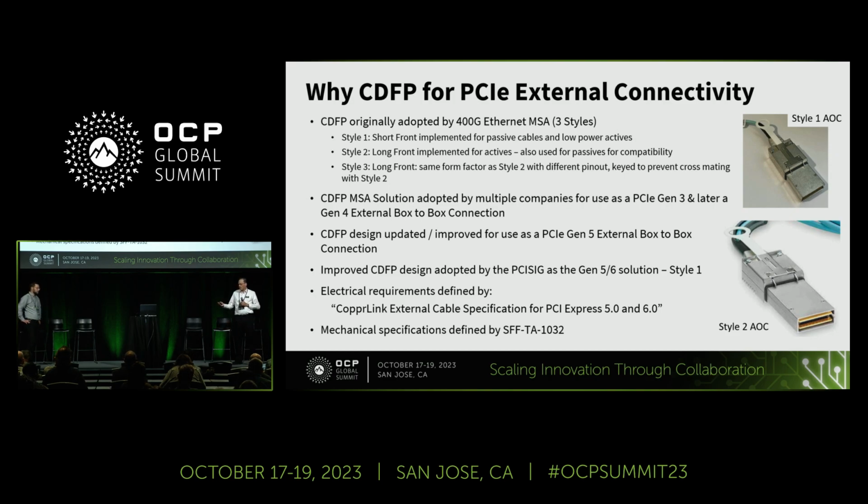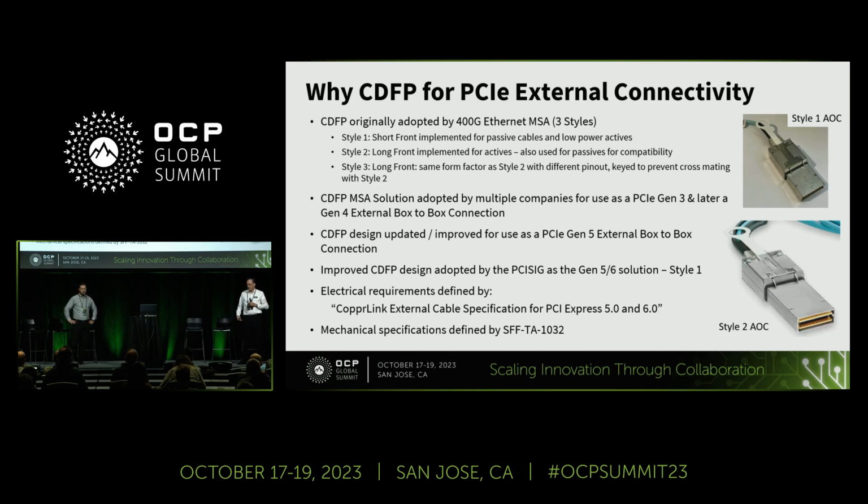On the right side, upper, we have an optical module that TE produced a while back for Ethernet in a Style 1, and then the image below is a Style 2 optical module that TE produced. Again, that was for Ethernet, and so this solution was then utilized by some companies for PCIe connectivity.